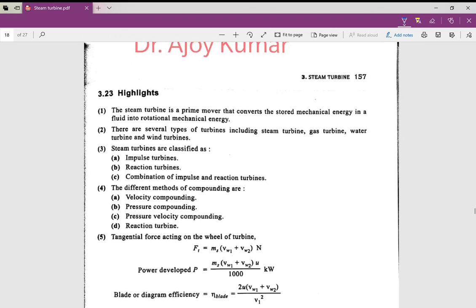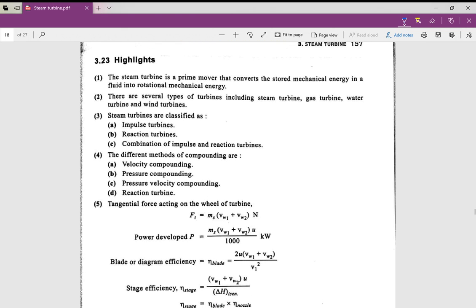Dear students, let us come to the summary of this whole steam turbine topic. A steam turbine is a prime mover that converts stored energy in a fluid into rotational mechanical energy. Rotational devices always have more efficiency than reciprocating ones like the steam engine.